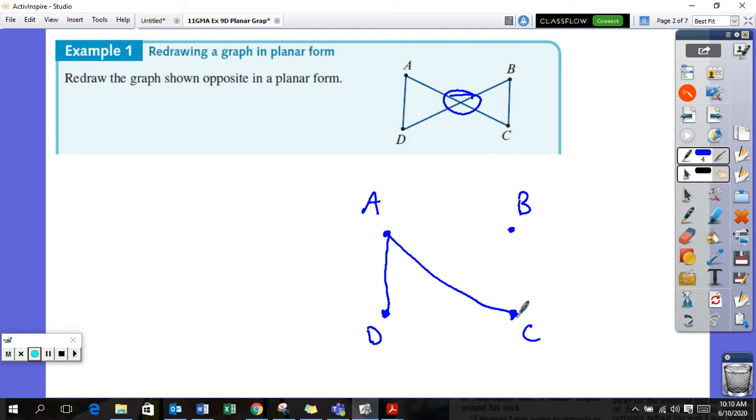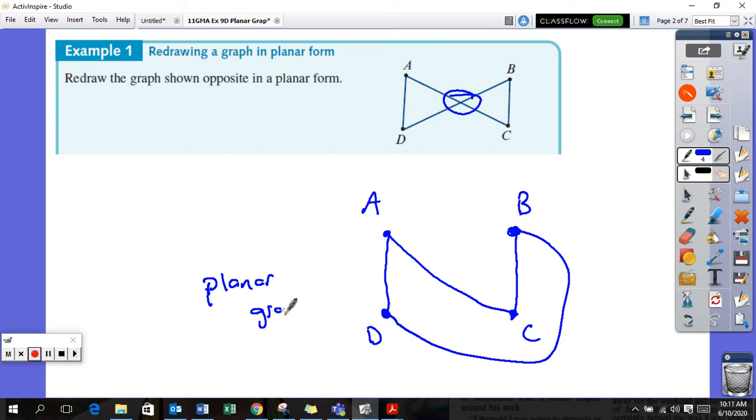I'll draw the B to C in, that's fine. Now we've got to get a line that goes from B to D without going across the middle, so we're going to go around the outside. And now that is a planar graph. We could have gone around that side as well, so not everyone's is going to look the same.